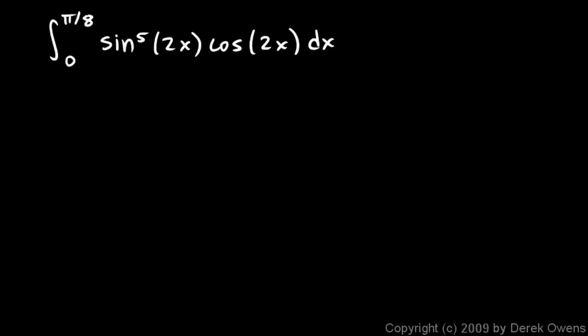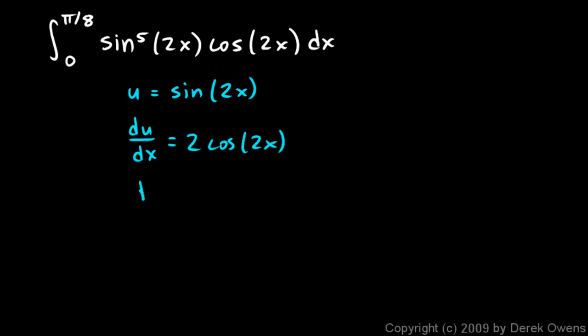Okay, here's the problem. Again, the same problem, the integral from 0 to pi over 8 of sine to the fifth 2x times cosine 2x dx. And the substitution is u is equal to sine 2x. So again, it starts off the same way. du dx is 2 cosine 2x. So du is 2 cosine 2x dx.